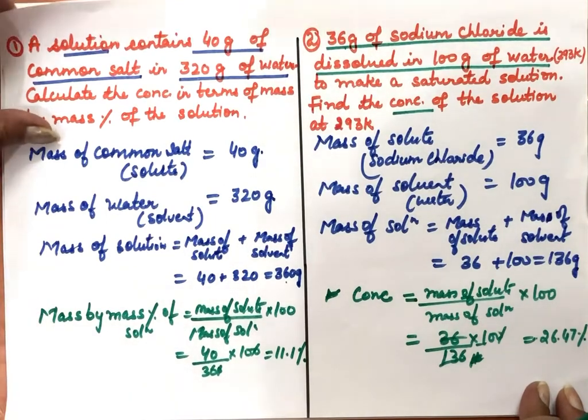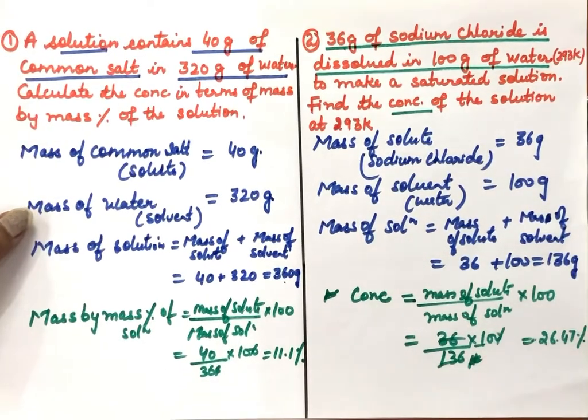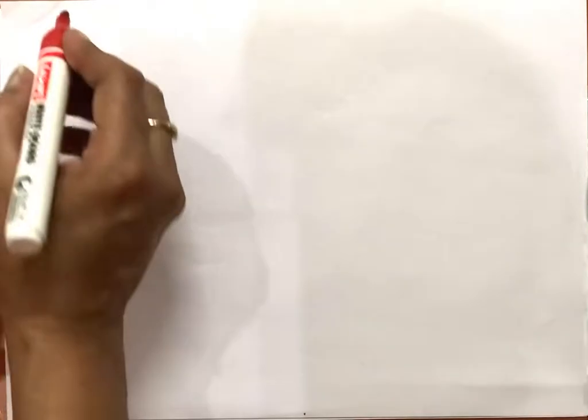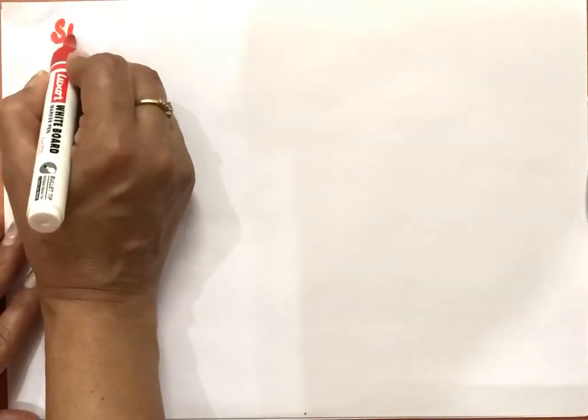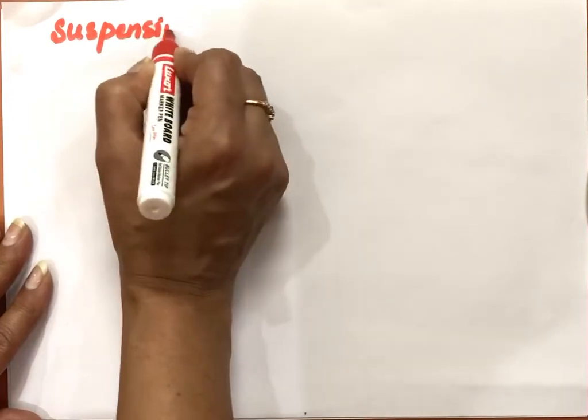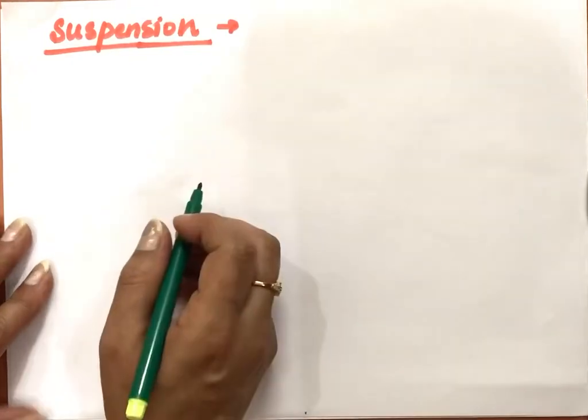So after doing the numericals of concentration, our next topic now is the suspension. We have done the true solution. Now moving on to the next type of solution, that is the suspension. How is the suspension different from true solution?